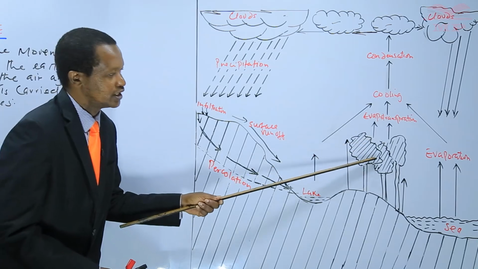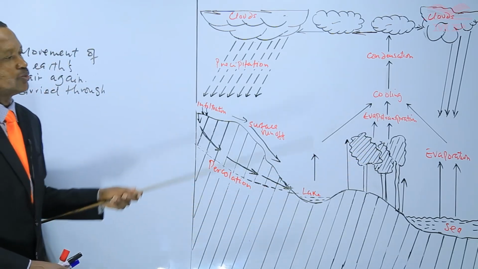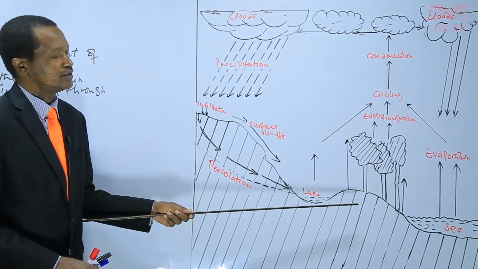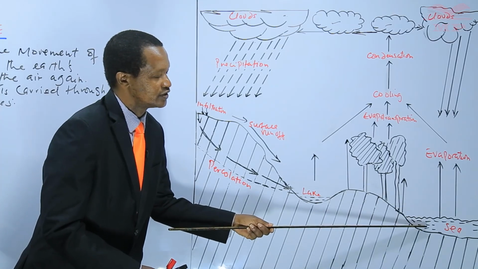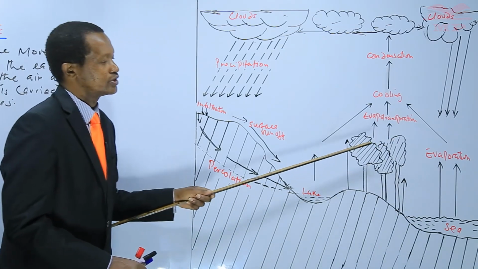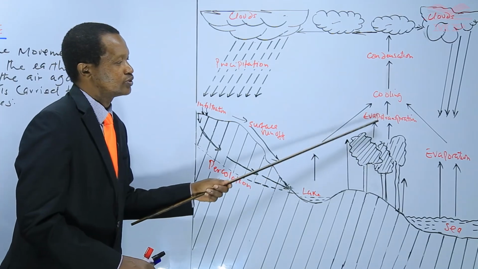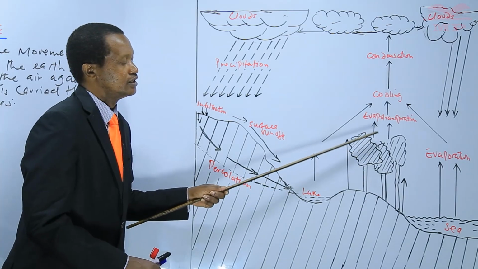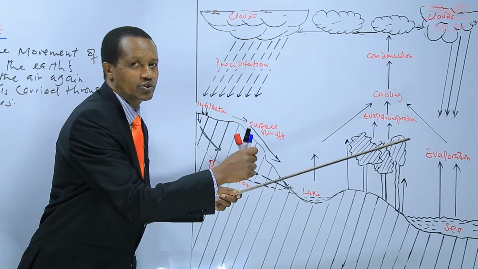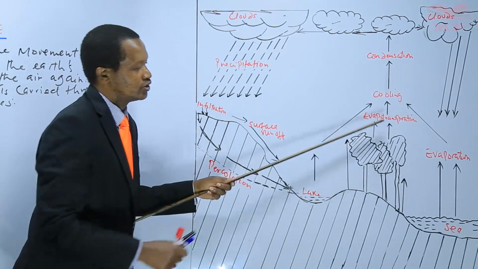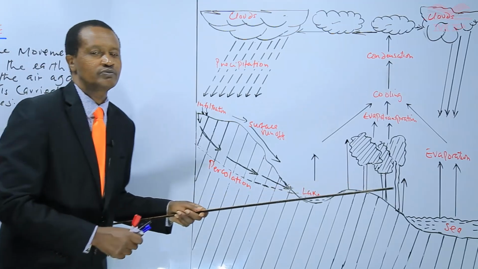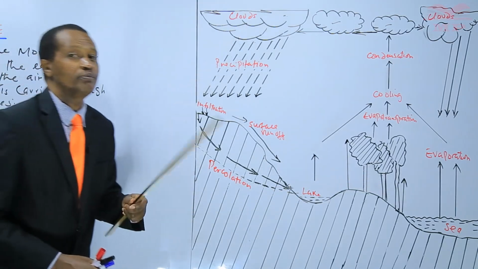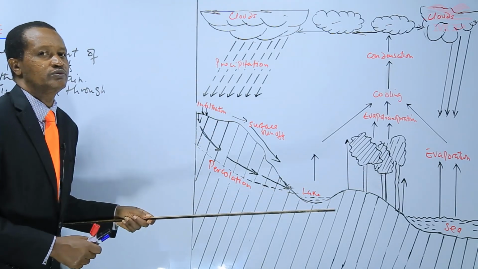Transpiration of plants. Now, when the water vapor that rises from the seas and open water surfaces combines with the water that is released in the atmosphere through transpiration of plants, that combination of the two, we call evapotranspiration.